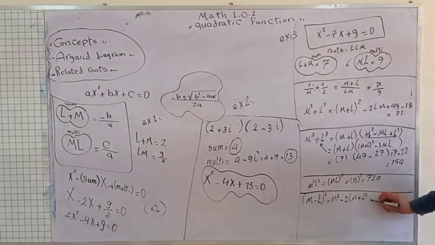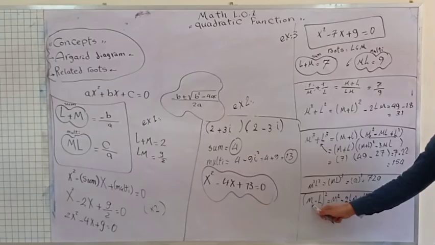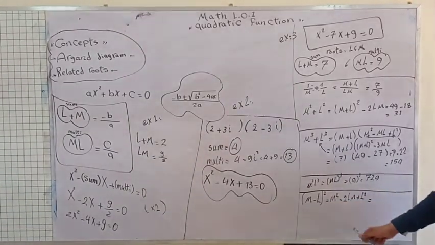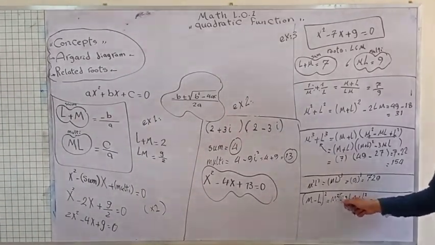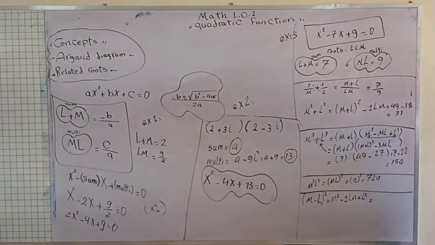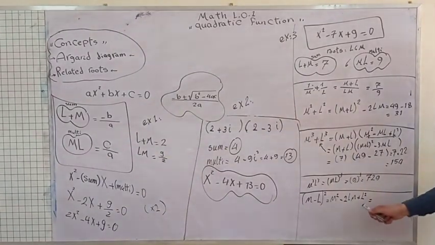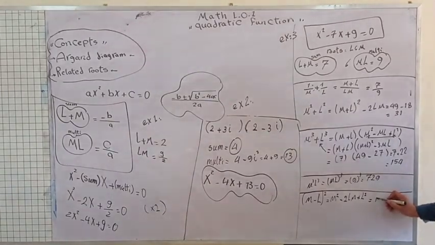Now, m minus l all square equals m square minus 2lm plus l square. We put m square plus l square together, minus 2lm.